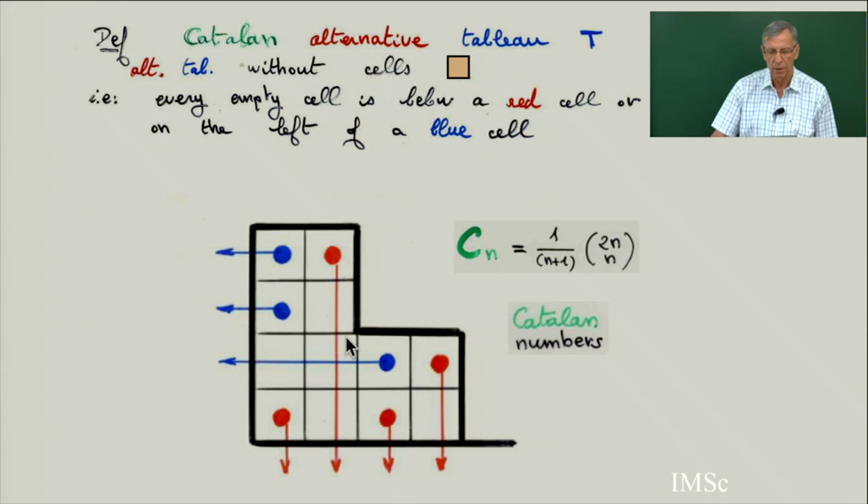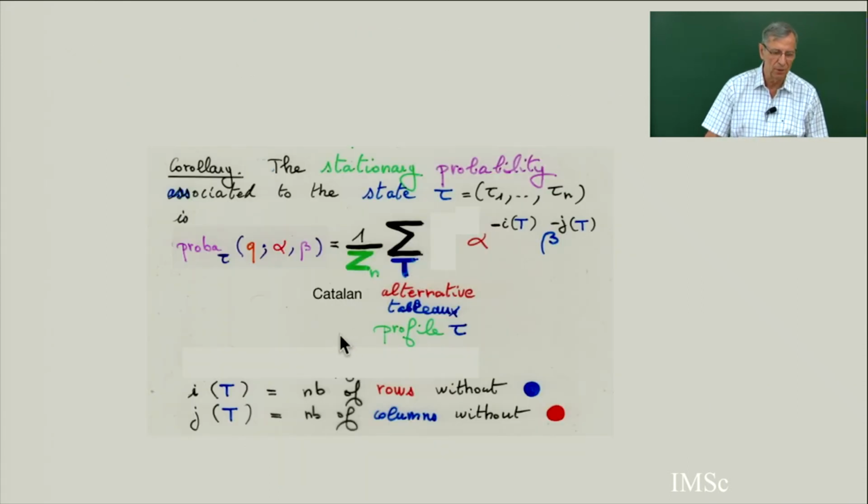So a corollary of all this: the stationary probability for the TASEP is a sum over all these monomials in alpha and beta. Usually it's the inverse of the probability, and it's a summation over the Catalan alternative tableaux, where the 2 indices are the number of rows without a blue cell and the number of columns without a red cell. People call these a free row and free column.